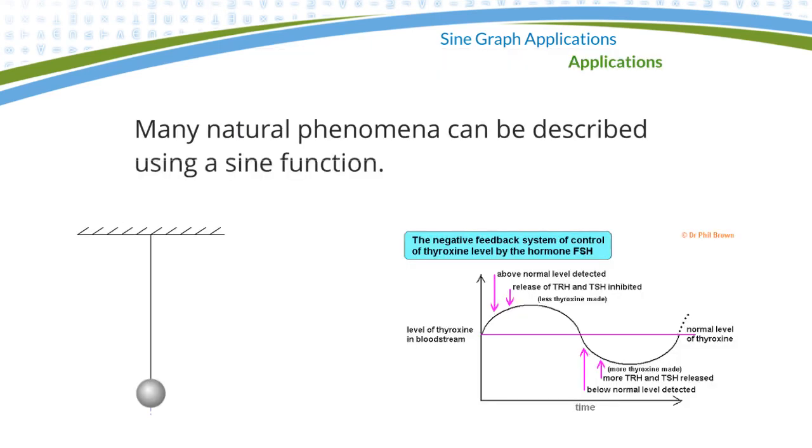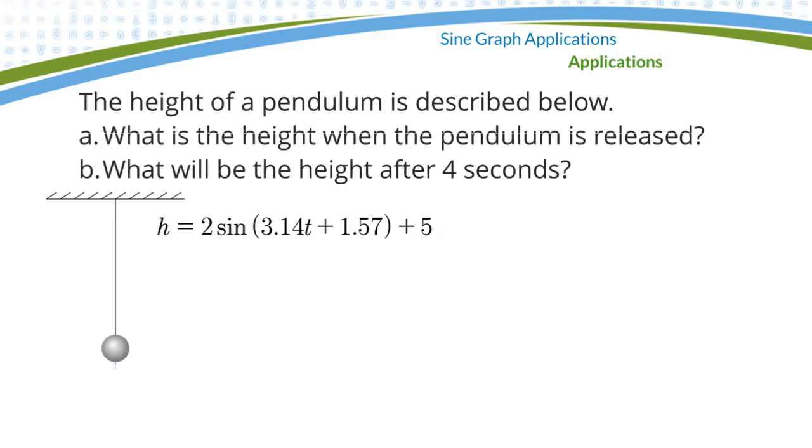Okay, so there's lots of natural phenomena that follow a sinusoidal kind of pattern. Pendulums do that kind of thing. This here is some kind of negative feedback level of thyroxine hormone in your blood. Lots of different ones. So if I can get the function, then I can say at a certain time what happens.